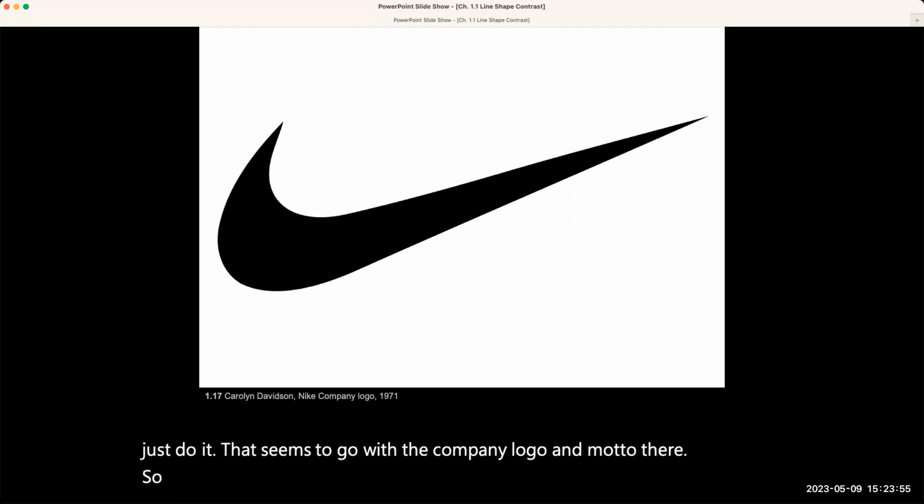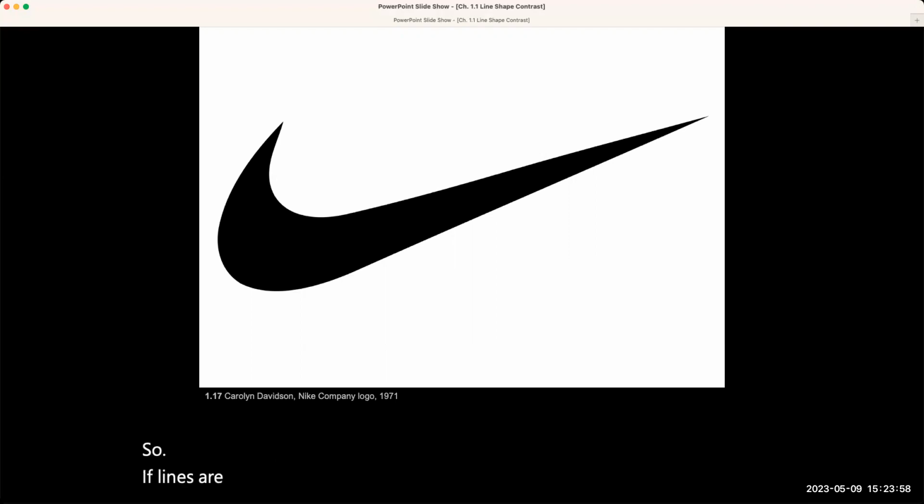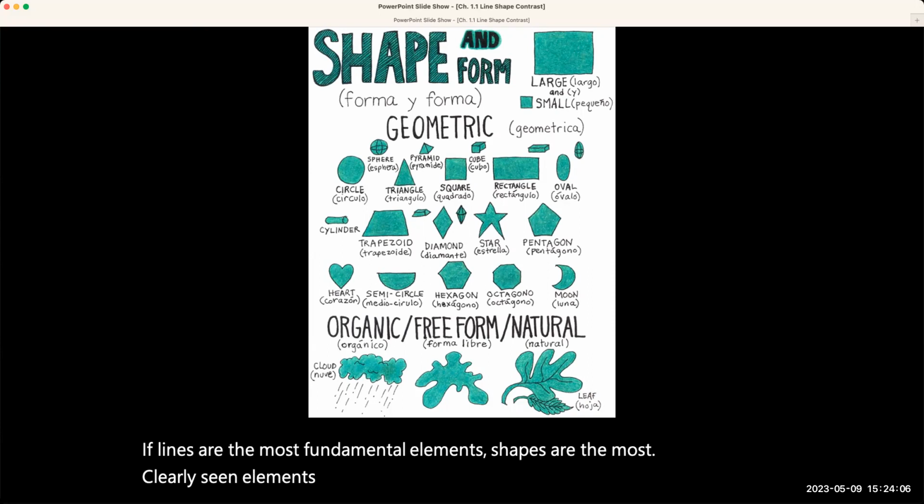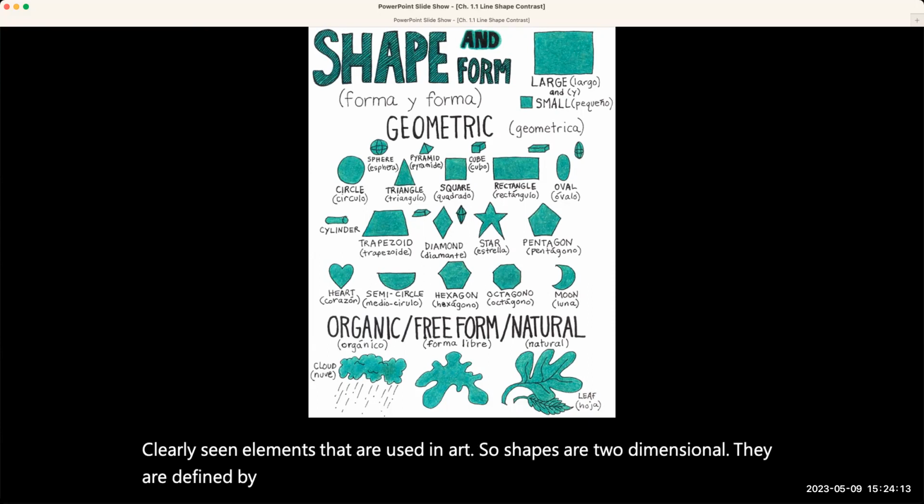So if lines are the most fundamental element, shapes are the most clearly seen elements that are used in art. So shapes are two-dimensional. They are defined by height and width, but they do not have depth.